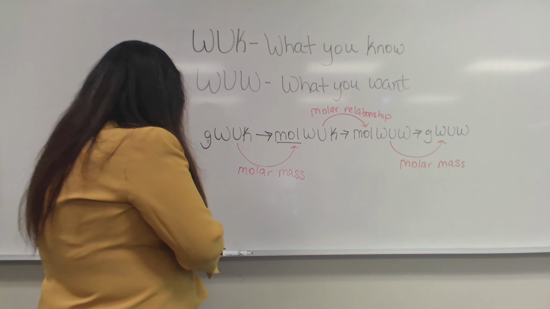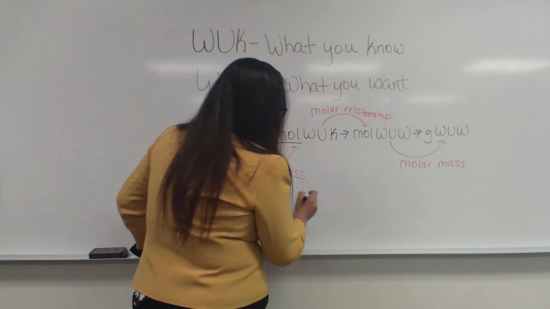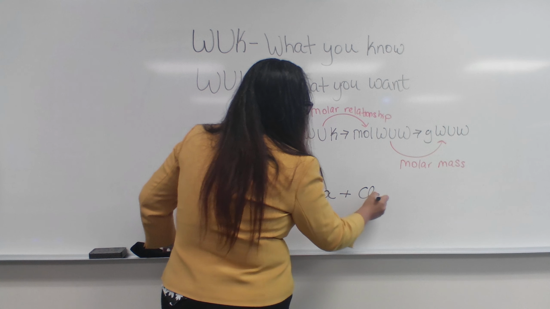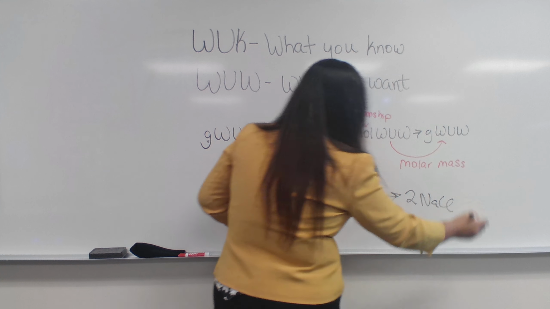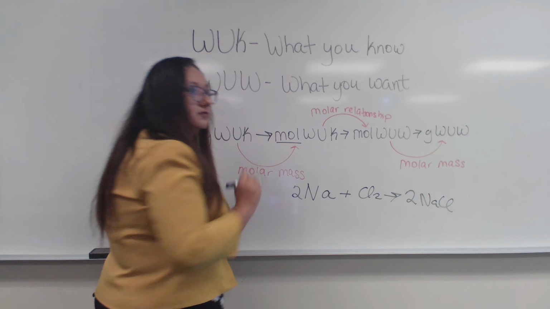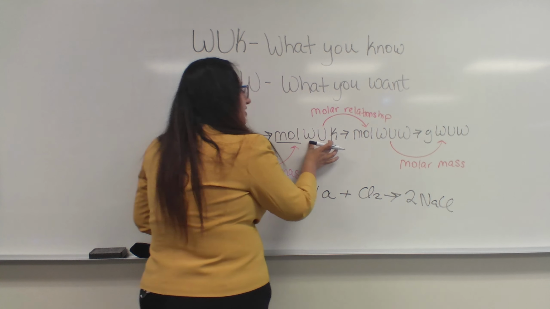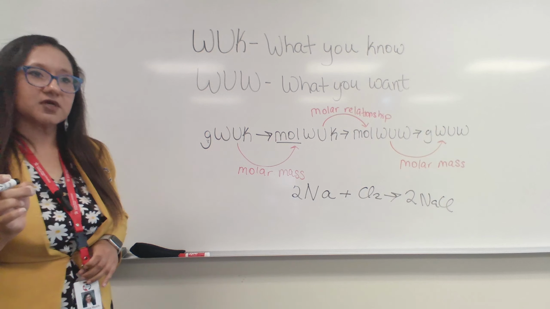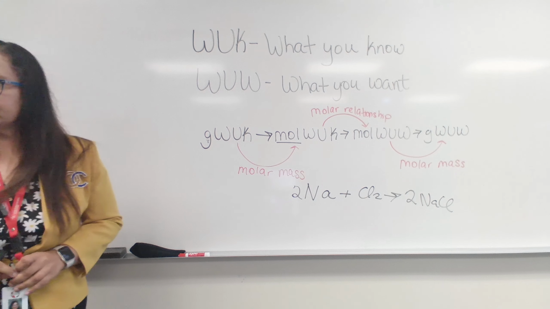So let's put Allison's example. Sodium metal plus chlorine gas yields 2 moles of sodium chloride. Here's our balanced equation. This step right here is the step in stoichiometry that requires you to look at your recipe.